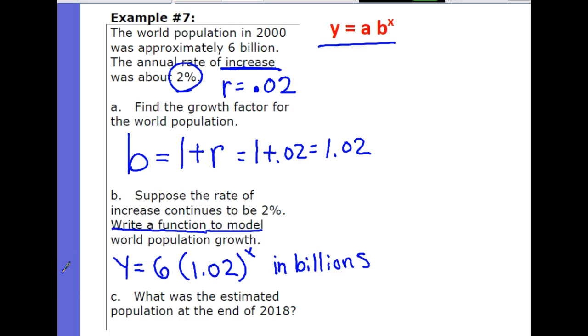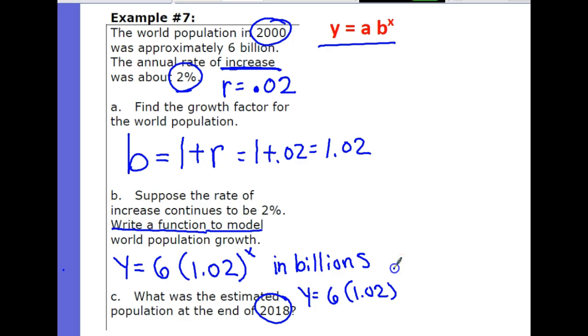So, what is the estimated population at the end of 2018? To figure that out, we take this equation, 6 times 1.02. This started out in 2000, and it's asking me about 2018. So how many years is that? 18 years.